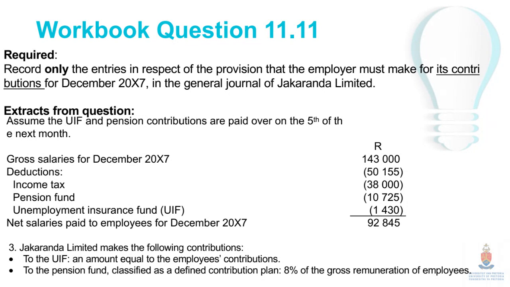We're only going to pay them in the next year, which is in 2018. What did they say, on the 5th day or the 7th day? 5th day. So on the 5th of January 2018 is when we're going to pay them, right?